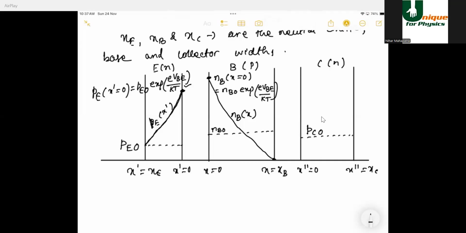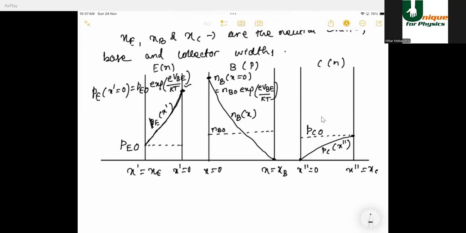Okay, so here it will be 0 because that's the edge of the reverse biased junction, and here it is the maximum value. So draw the graph like this, which is a function defined as PCX double dash. It varies with X double dash, right?